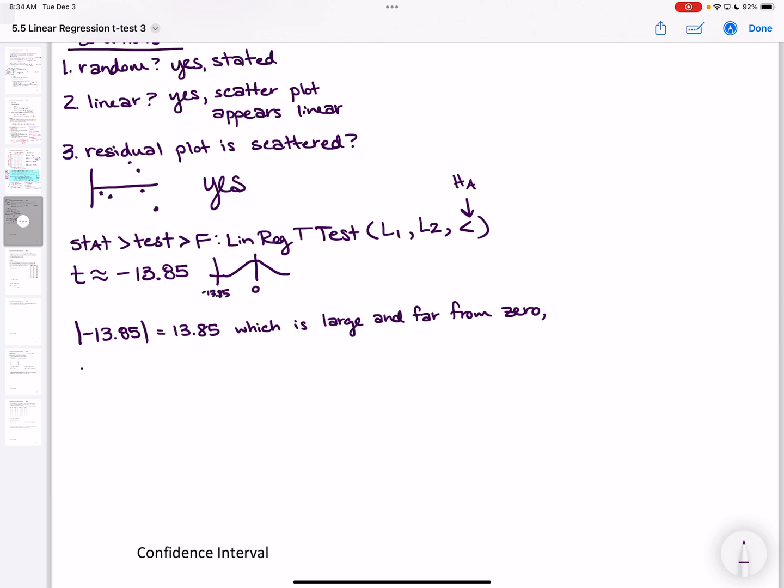Which suggests a significant linear relationship between, now you just look at your x and y. What do we put on our x-axis? Pressure. So between pressure and wind speed. Very nice.